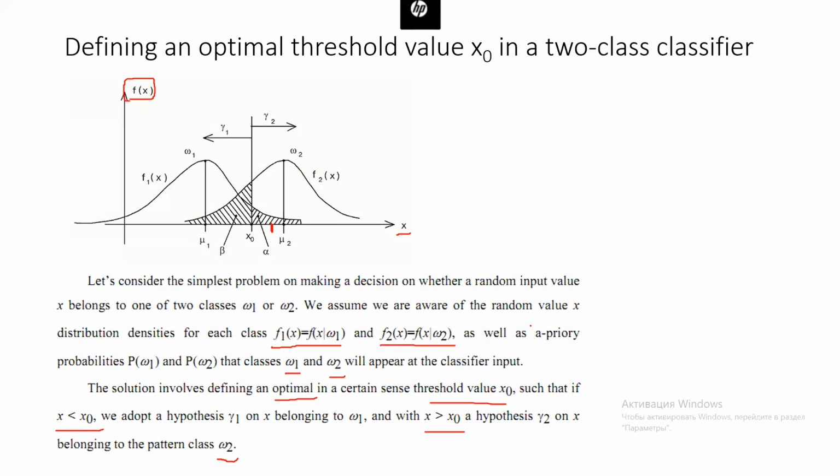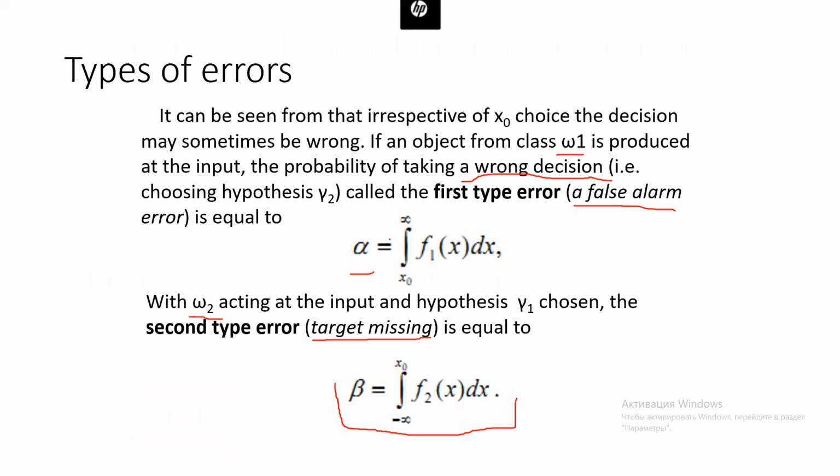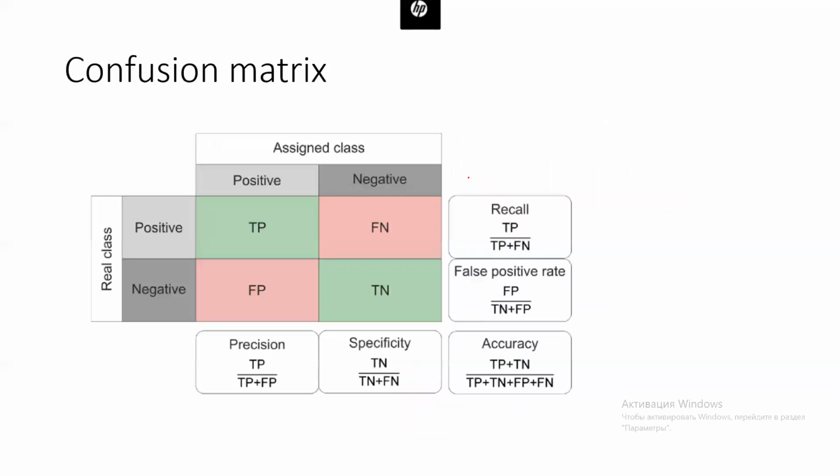If you have a small data set, it's impossible to reconstruct these densities. And besides the first type error and second type error, there are some additional variants to estimate errors.